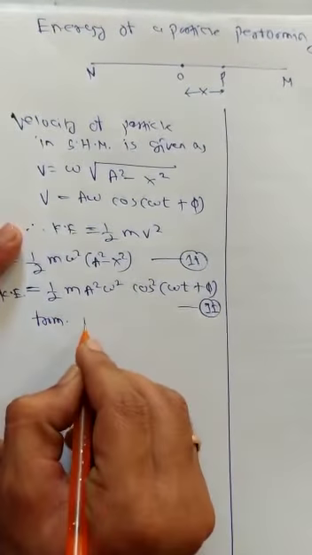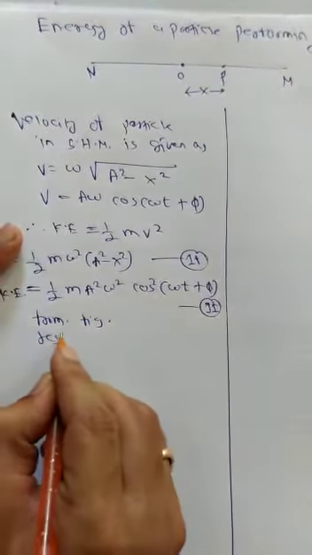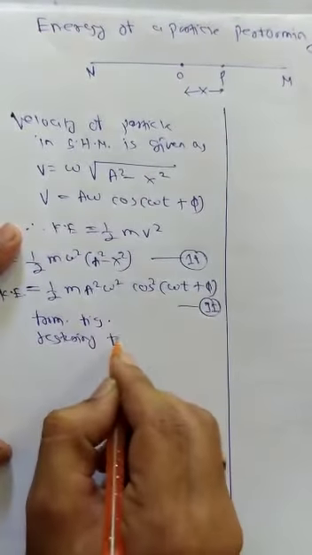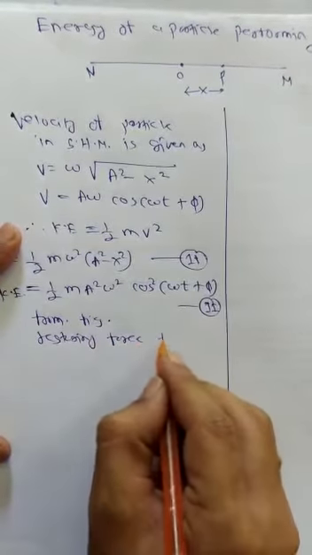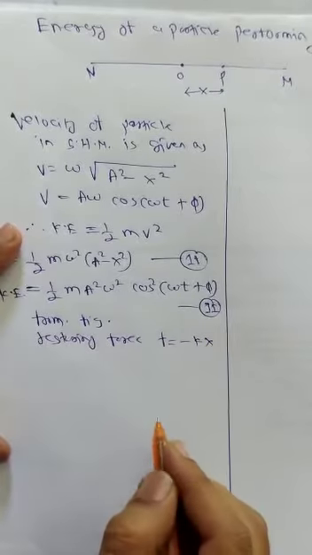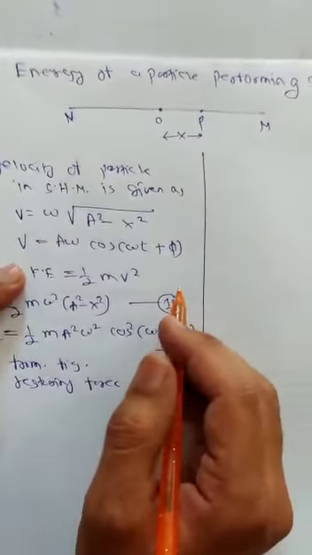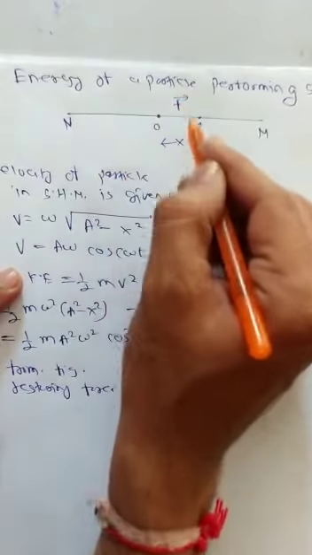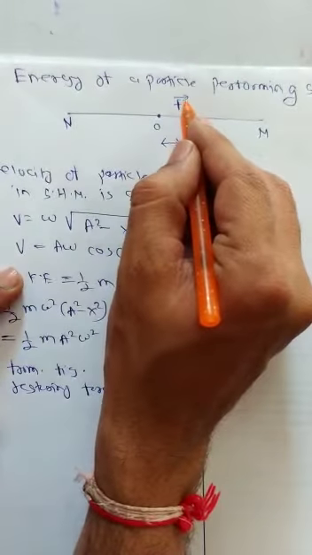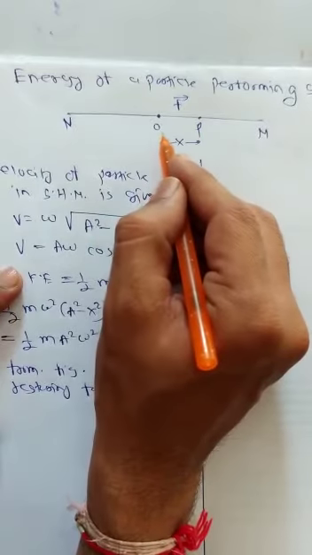From the figure, the restoring force F is equal to minus kx. Why the minus sign? Because force and displacement are in opposite directions. If F is in this direction, the displacement will be in the opposite direction.